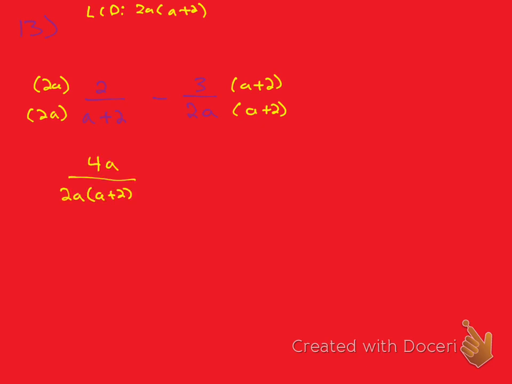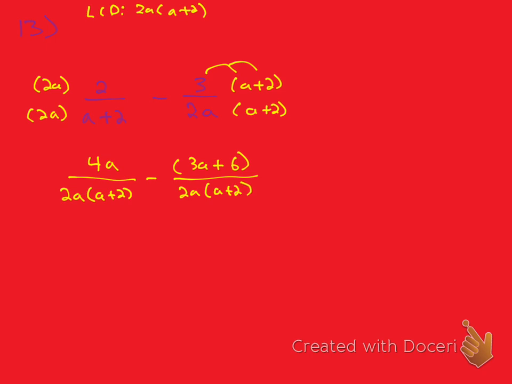13, 2 over a plus 2 minus 3 over 2a. Our common denominator would be 2a times a plus 2. So I need to multiply the left side by 2a, the right side by a plus 2. So that'll give me 4a over 2a, a plus 2, minus 3a plus 6 over 2a, a plus 2.